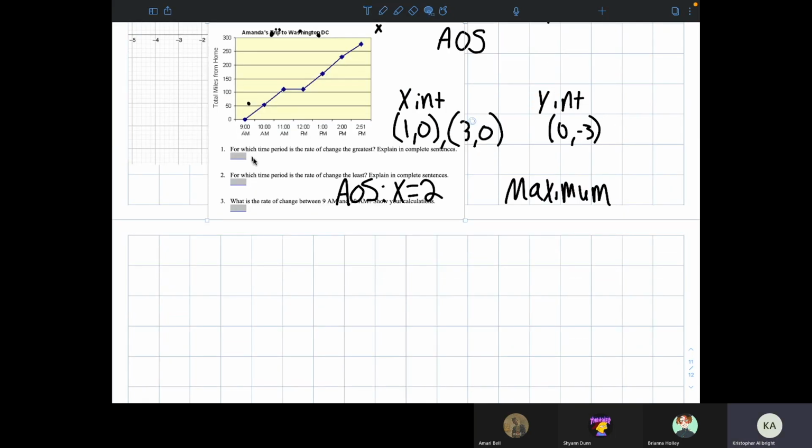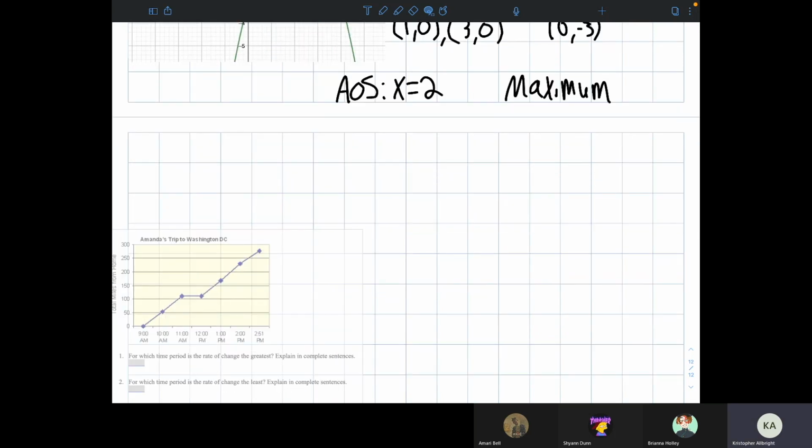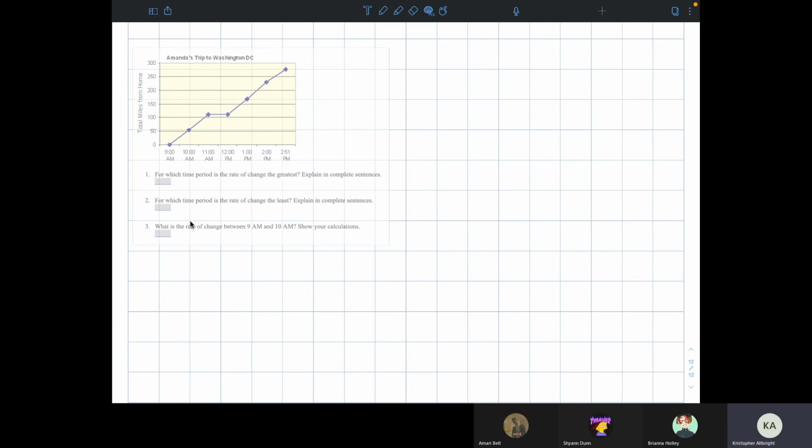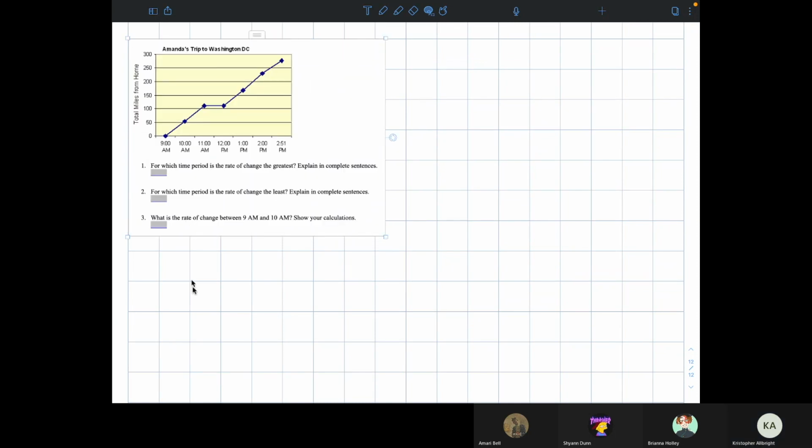So let's just talk about this in normal people terms before we start talking about the math. So it says this is her trip to Washington, D.C., and this is how far she is from home, and this is the time. So she's moving, she's moving, she's moving, she's stopping, she's moving, she's moving, she's moving.